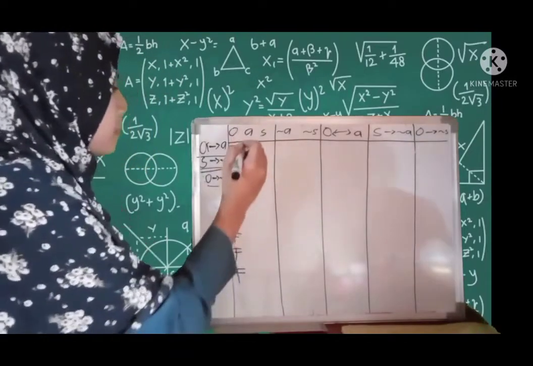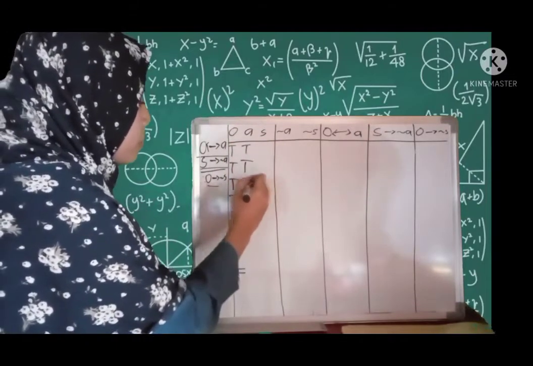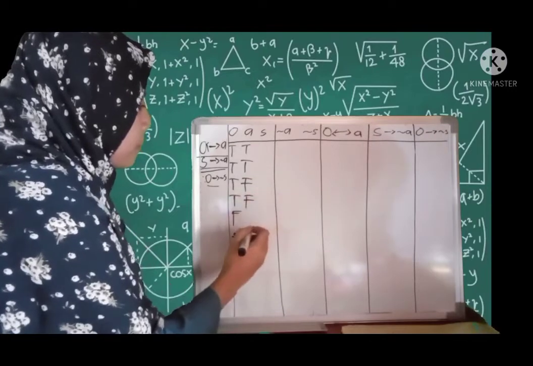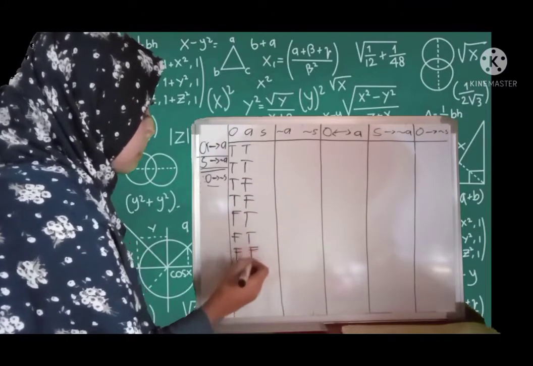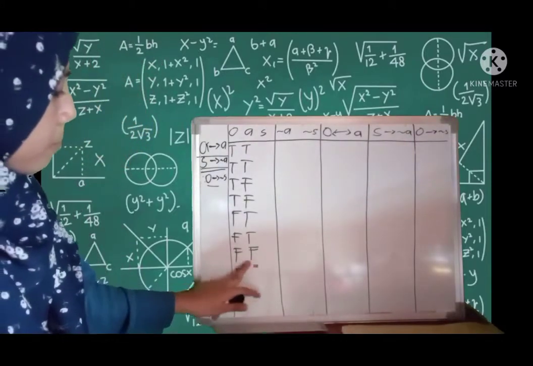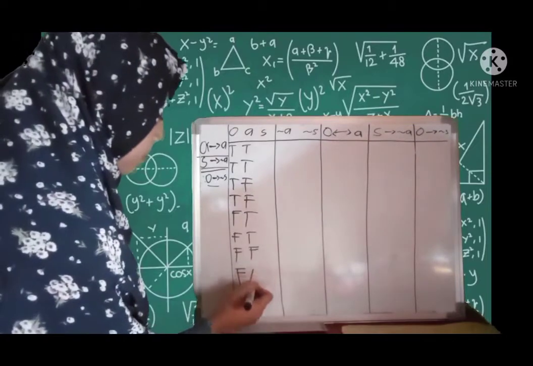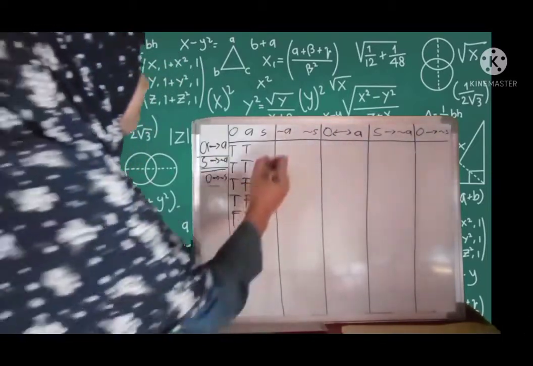Ganyan. Ito naman, 1, 2, 3, 4, 5, 6, 7, 8. Ganyan yung pagsulat. And the last, alternate.